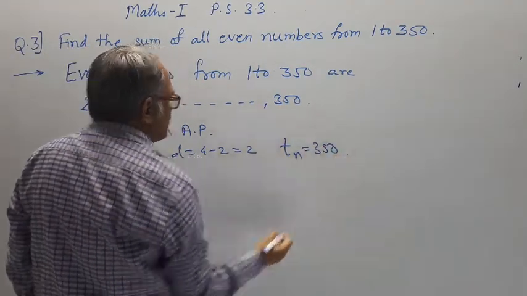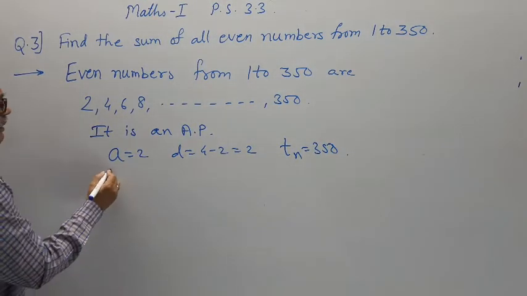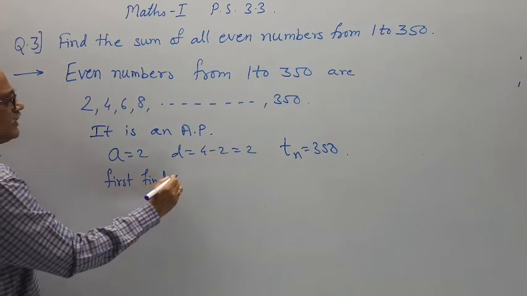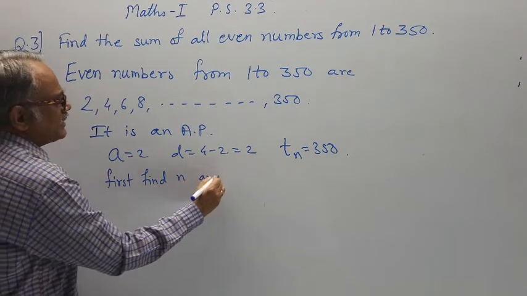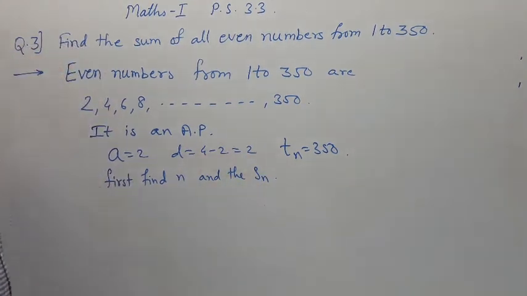We have to find Sn, but to find Sn first we have to find n, how many terms there are, and then Sn, the sum of those n terms.